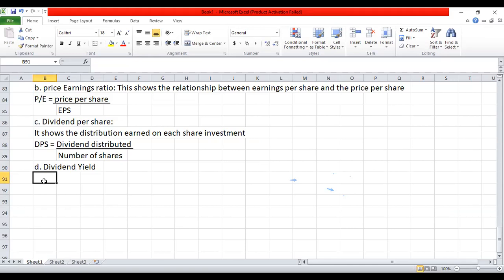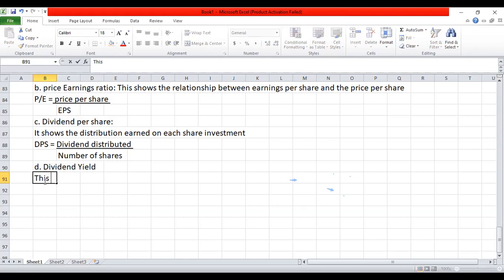Dividend yield, as we discussed in our previous discussion, just shows the relationship between the dividend per share and the price per share. So how much dividend do you earn? How much return do you earn on book value investment in shares?